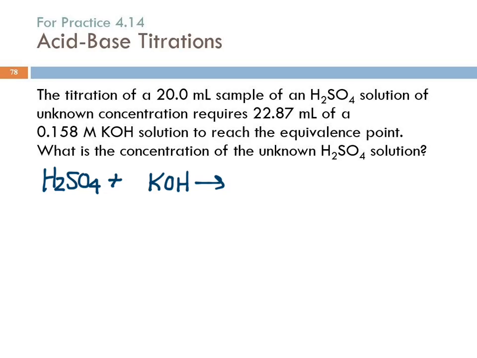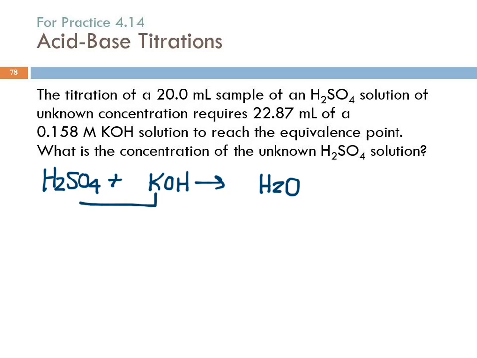And then what are my products going to be? We're going to get potassium sulfate and water. One of the products is always water, and the order in which you write them doesn't matter. 1 plus 2 or 2 plus 1 is the same thing. So if you want to write the water first, that's fine. If you want to write the other one first, that's fine.